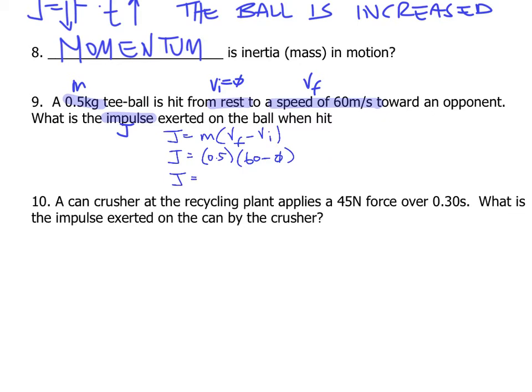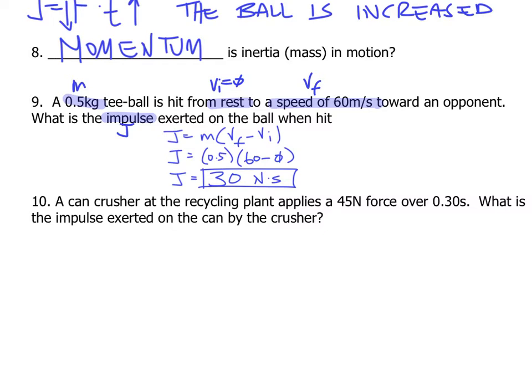So 60 minus 0 is 60, times 0.5 gives me an impulse of 30 newtons times seconds.